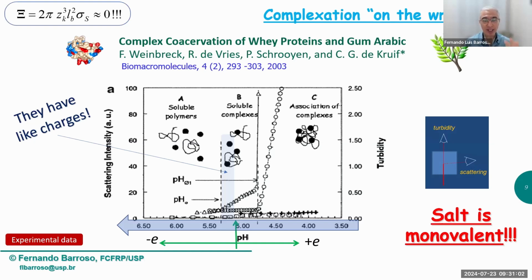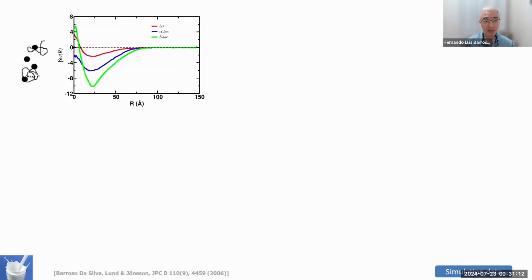We have a situation where all the previous theories would not work, except if you take into account pH in the game. In terms of simulation, we have done a couple of experiments to demonstrate such things. For instance, we have taken the 3 milk proteins that were studied in most of the experimental setups, and we can see here that we can find the complexation. I'm showing on the screen the free energy of interaction as a function of separation distance.